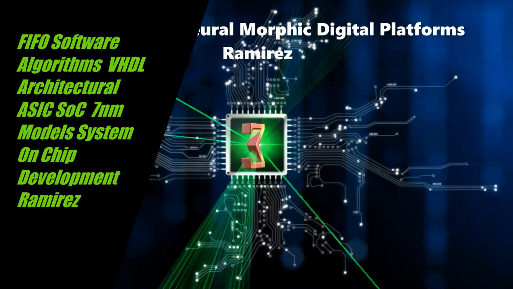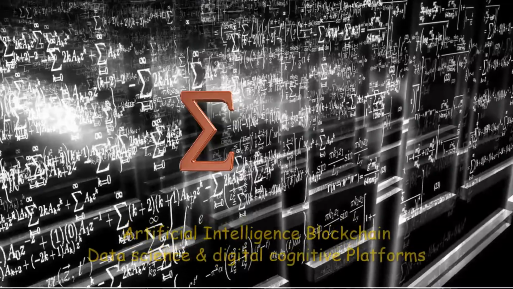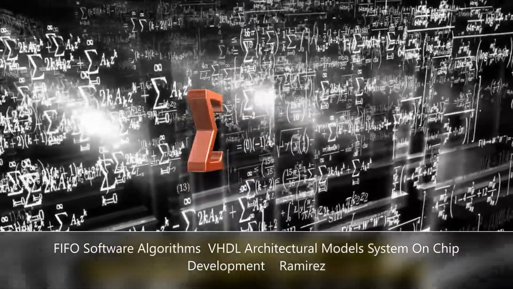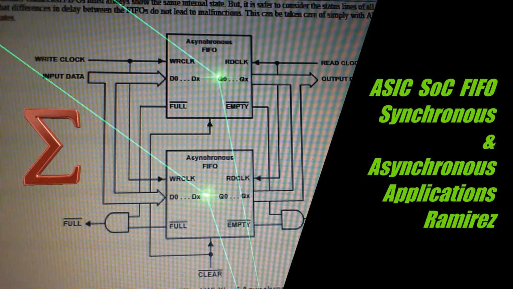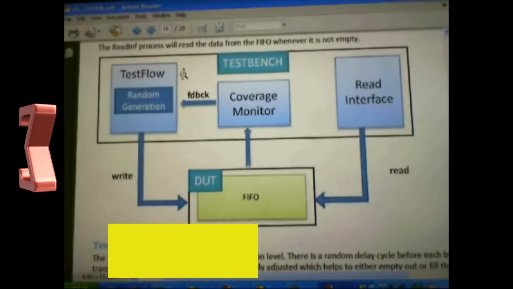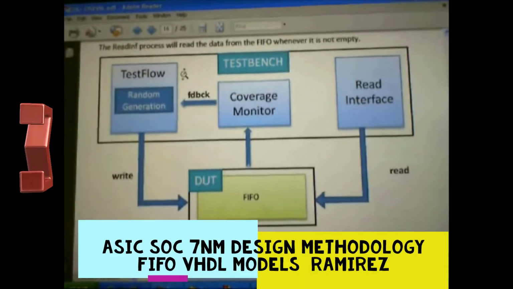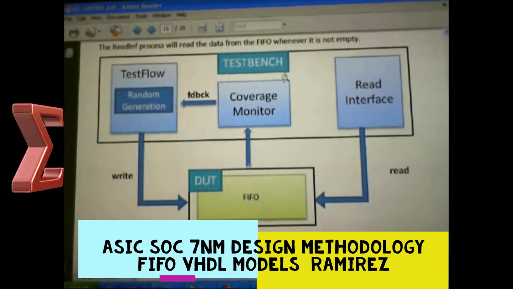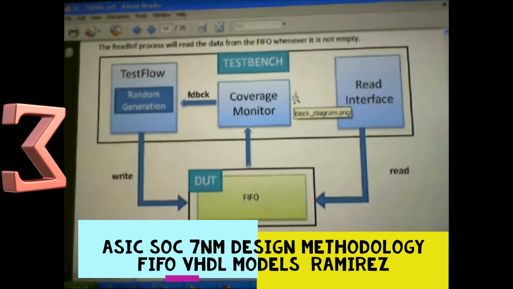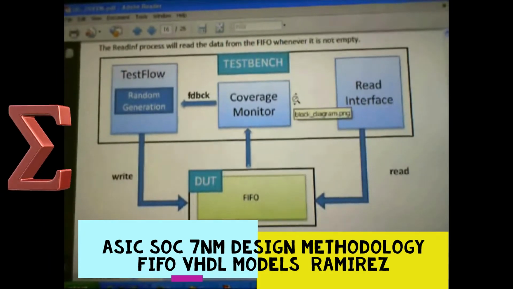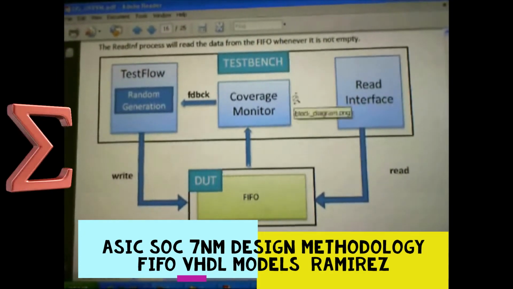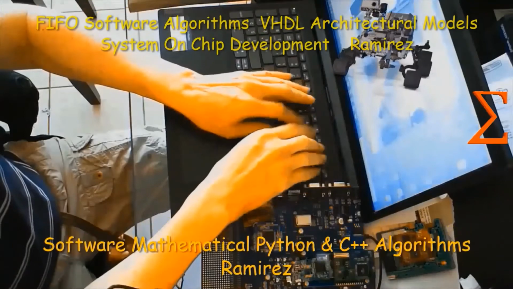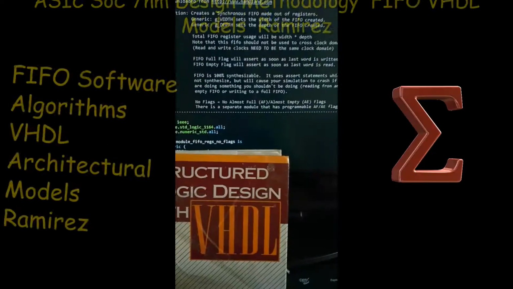Therefore, data words are placed into the FIFO buffer memory array by control signals in one clock domain, and the data words are removed from one port of the same FIFO buffer memory array by control signals from a second clock domain.